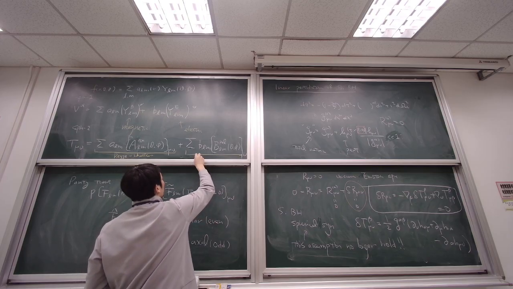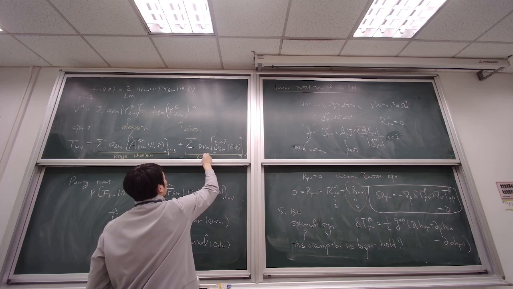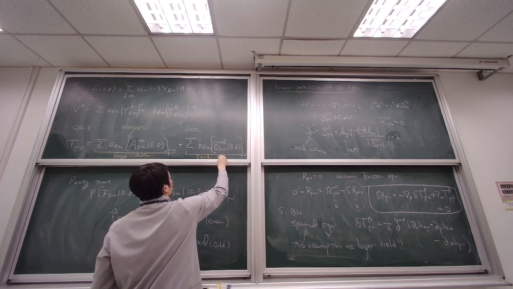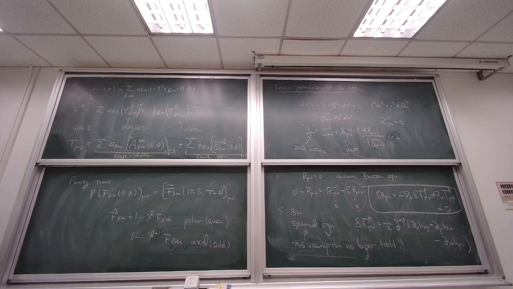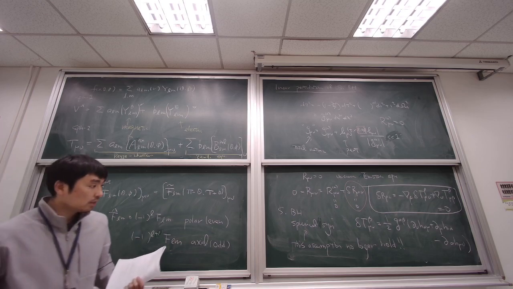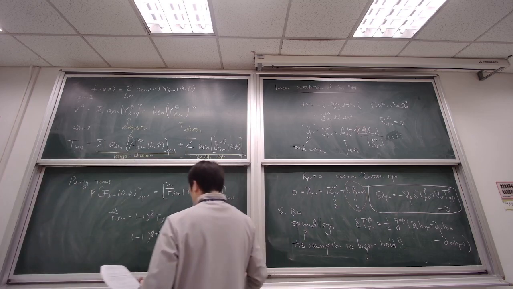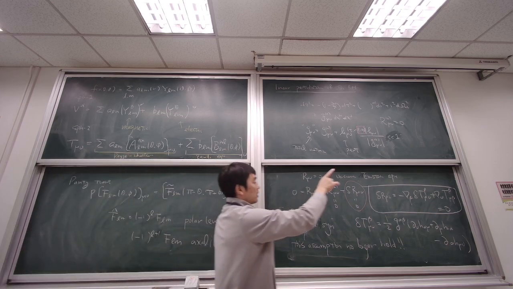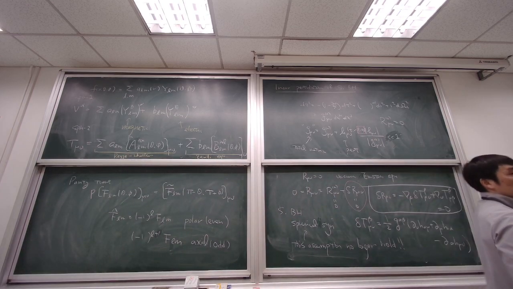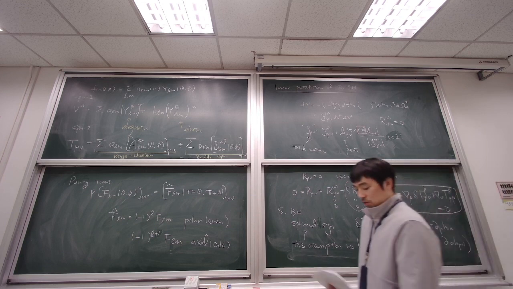The Zerilli equation. So that's the difference. Due to historical reasons, let's consider the axial, or odd, one. So just do this decomposition, plug it in, and then solve the Einstein equation. That's what we are going to do.